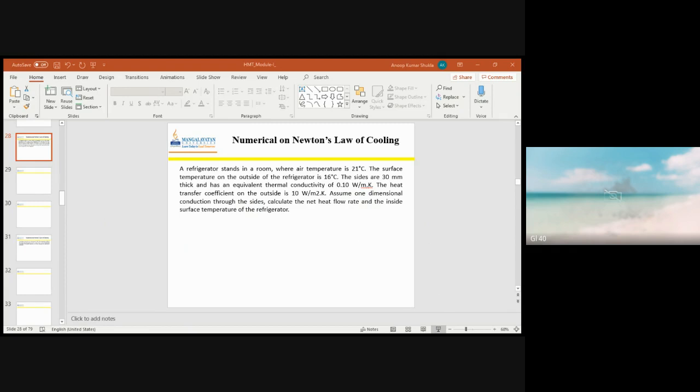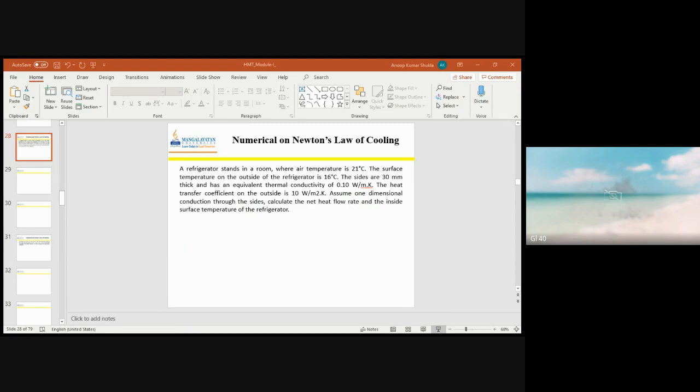So Q is 0.1, not 1, it is 10 multiplied by 21 minus 16. Now this heat is also conducted through the wall.